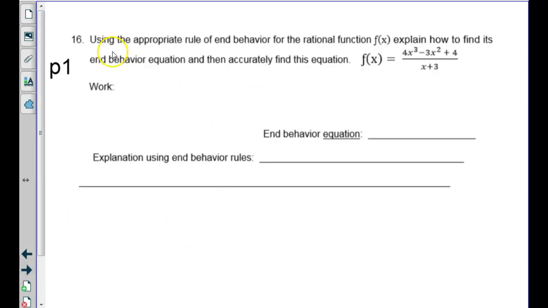All right. This one says, using the appropriate rule of end behavior for the rational function, explain how to find its end behavior and then accurately find this equation. All right. Is this top heavy, bottom heavy, or equal weight? So that's what it says, explanation using those end behavior rules. So you're going to write it's top heavy.